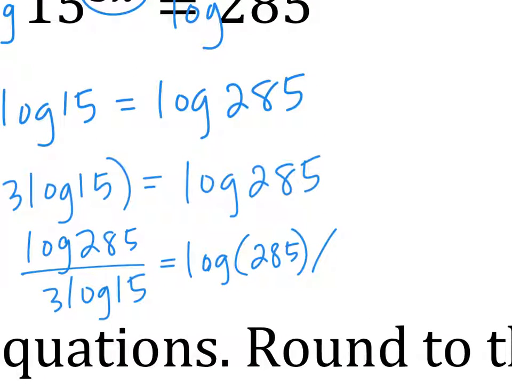Then you need to put all the denominator in one big parentheses: parentheses, 3 log parentheses 15, close, close. Go ahead and do that and let me know what number you get.